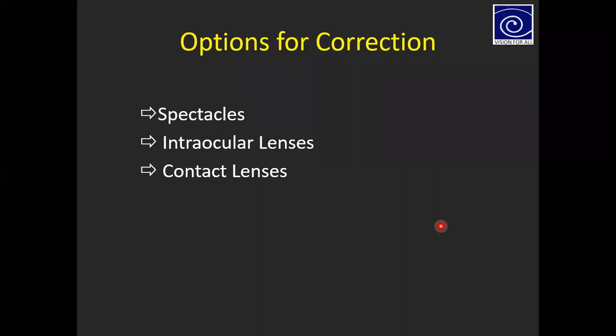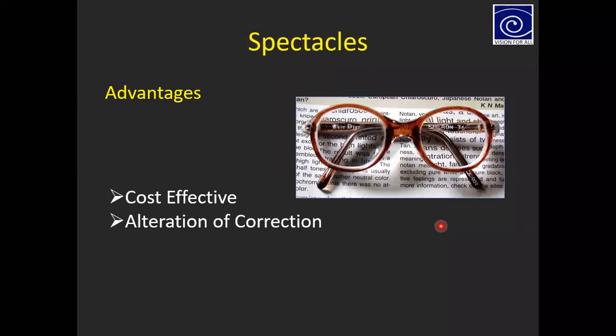Options for correction, especially in pediatric aphakia patients. These are the options that we already know: glasses, IOL, and contact lenses. So let's discuss one by one. The advantages of spectacles are that they are very cost effective, and changing the correction or refractive power of glasses is very easy.